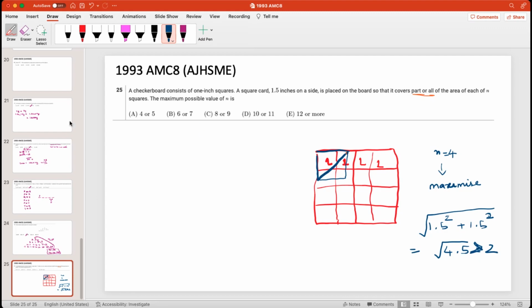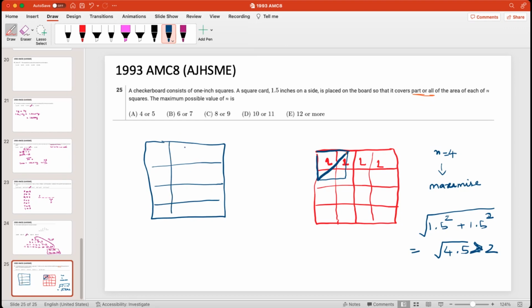So then I can draw like this, right? So let's draw one more here so that it's clear. Okay, now see this is 2.